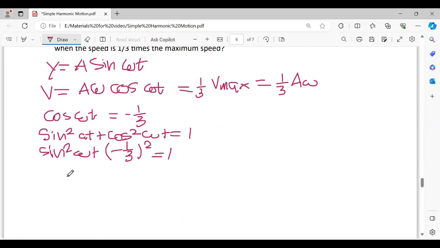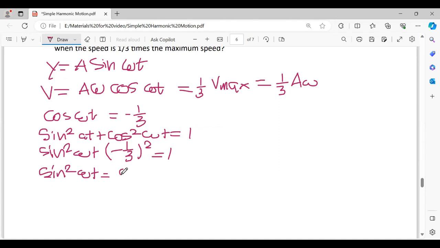And it means sine squared omega t equals 1 minus 1/9, equals 1 minus 1/3 squared.